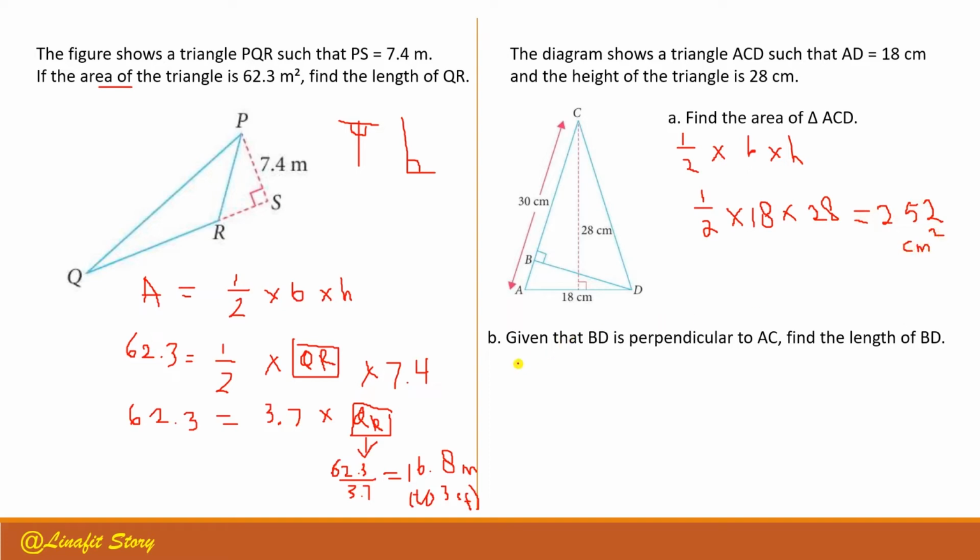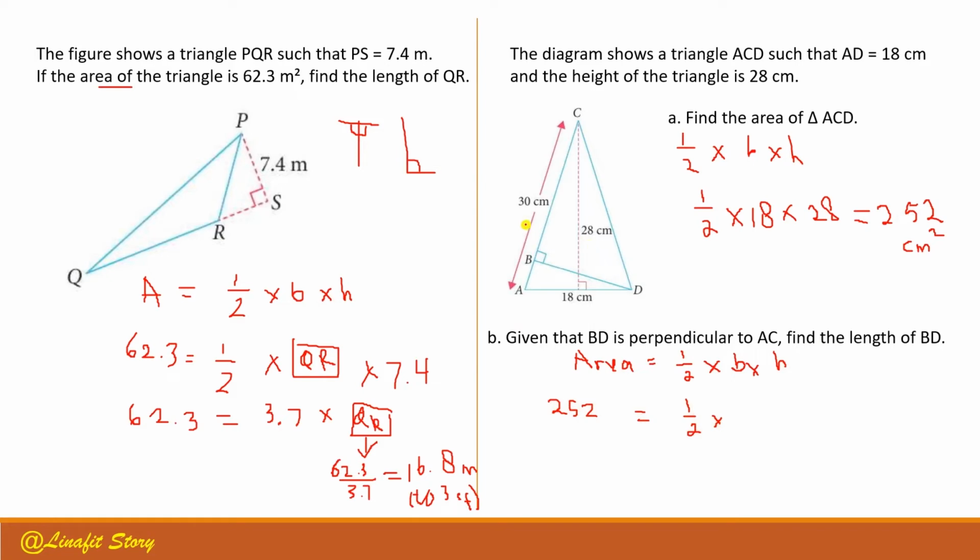Given that BD is perpendicular to AC, find the length of BD. So the area is equal to 1/2 times base times height. This is the same triangle, right? So the area is 252.